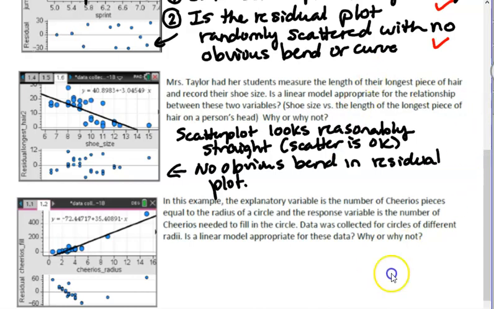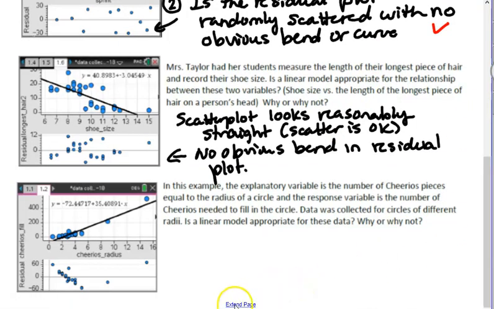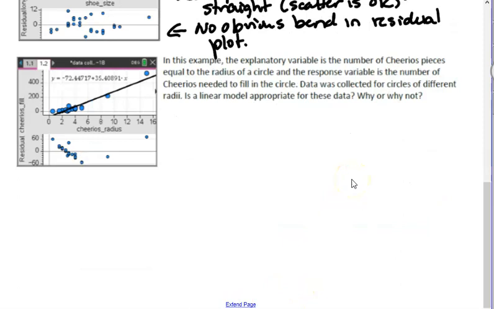Okay, the last one is the one that I wanted to show you, is that sometimes when you look at the scatter plot, it looks reasonably linear, but when you look at the residual plot, since it spreads the data out, you see the curve. And this was a problem where I had a bunch of different size lids, and I had people put Cheerios in to fill in the lid, the area of the lids.